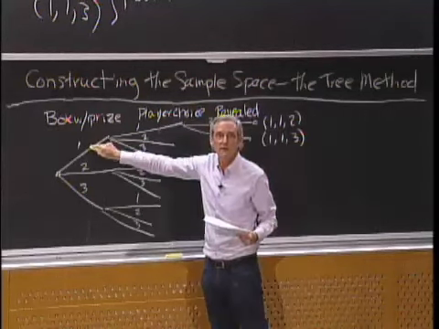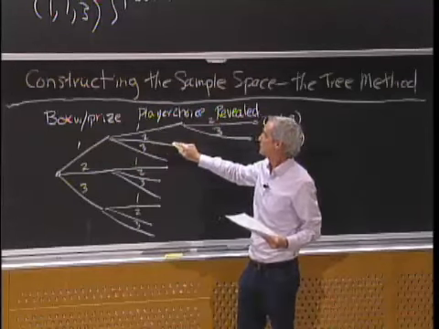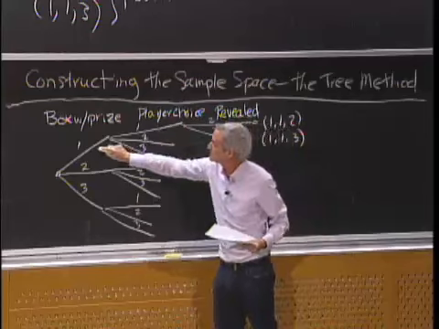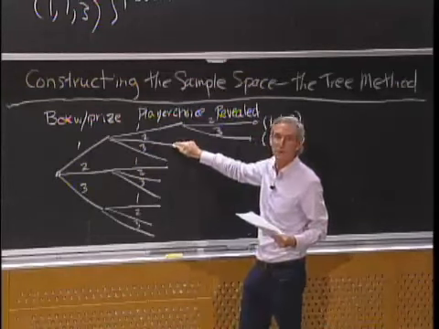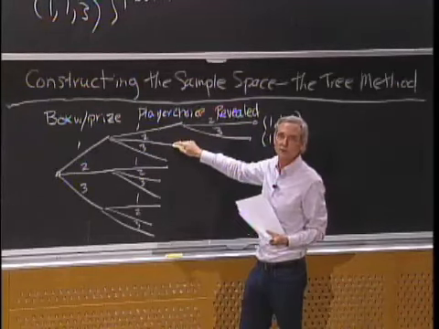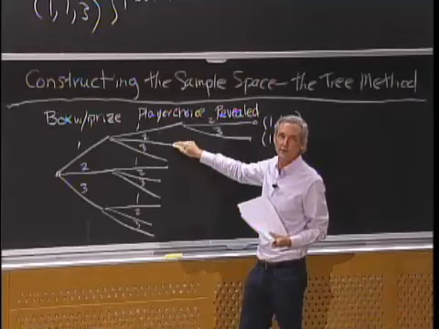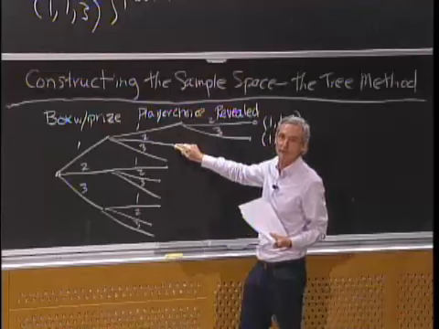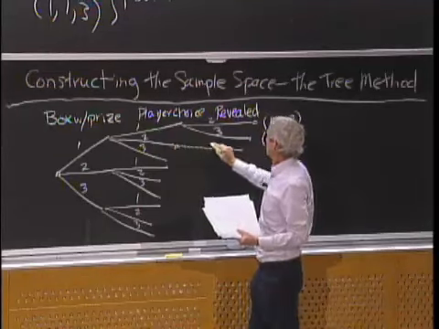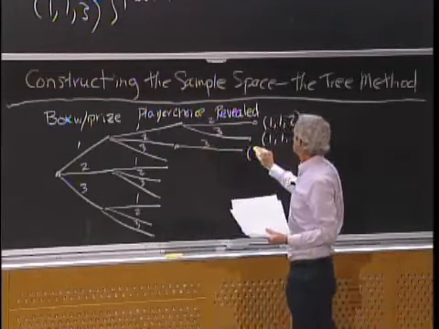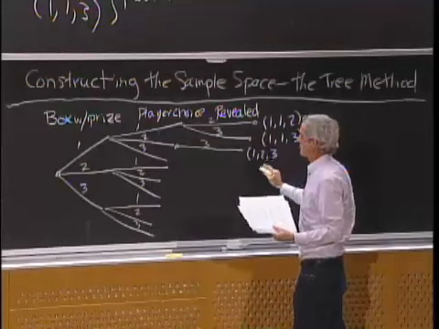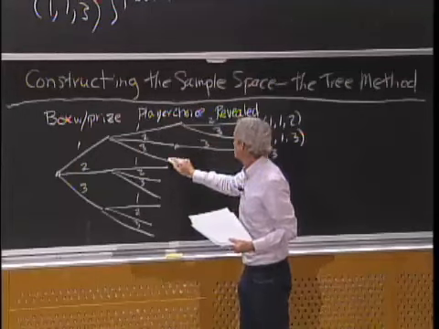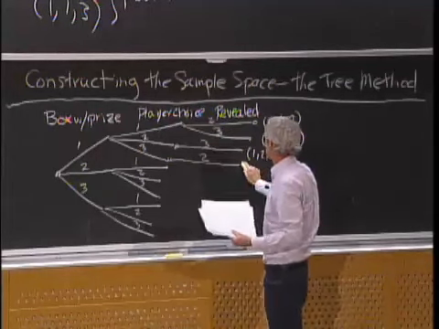Prize is in box 1, player picked box 2. How many choices for which box is revealed? 1. And which box is going to be revealed? 3. All right, this is sample point 1, 2, 3. And here we've got 1, 3, 2 is the only choice.